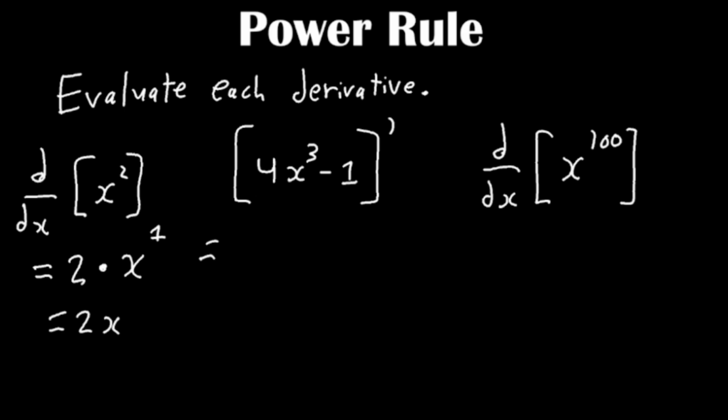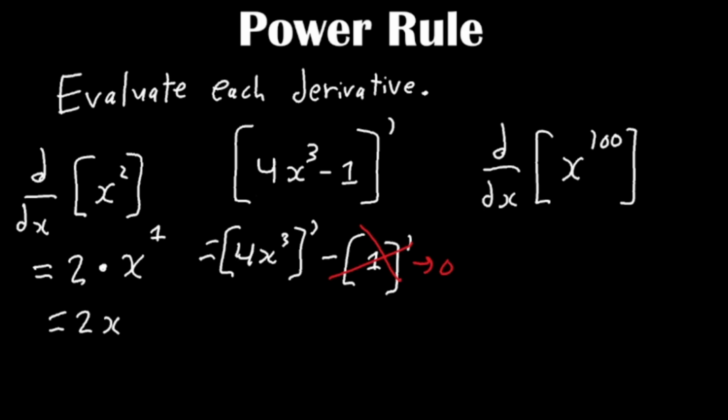So this is going to be the same thing as the derivative of 4x cubed, using the prime, minus the derivative of 1. If you remember, the derivative of a constant is just 0. Now, for this, notice we have a constant being multiplied on the outside. We can just pull that out from our constant multiple rule.